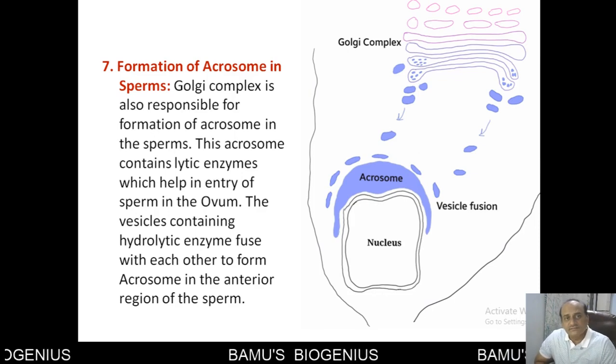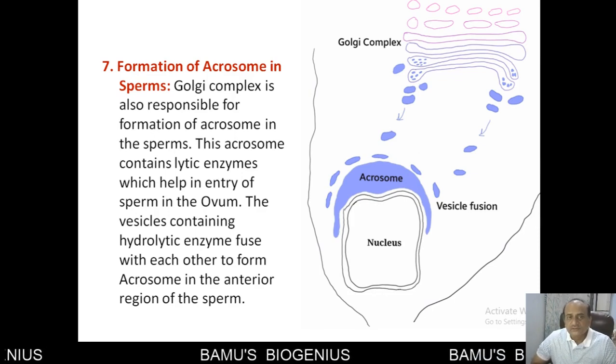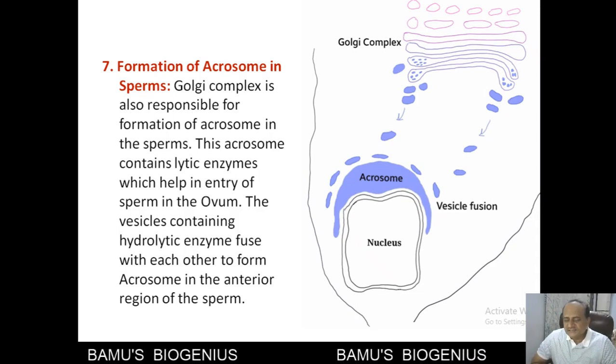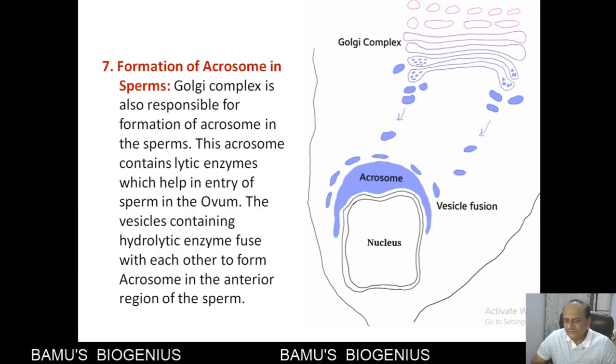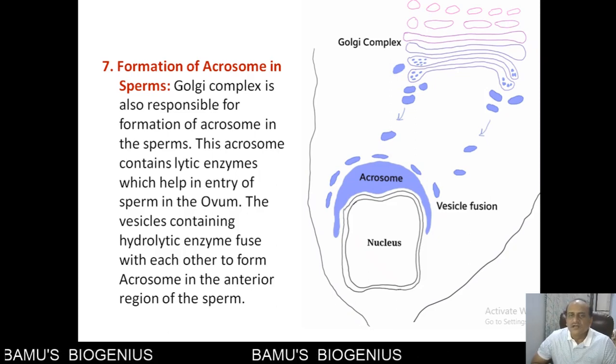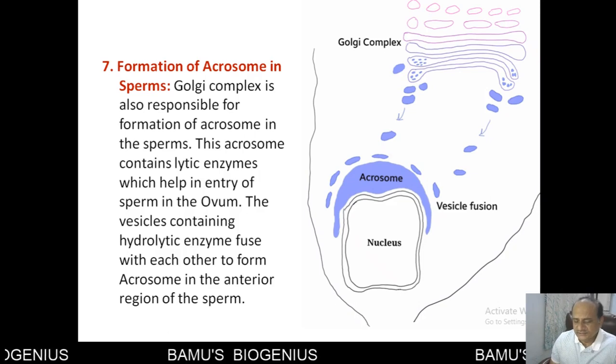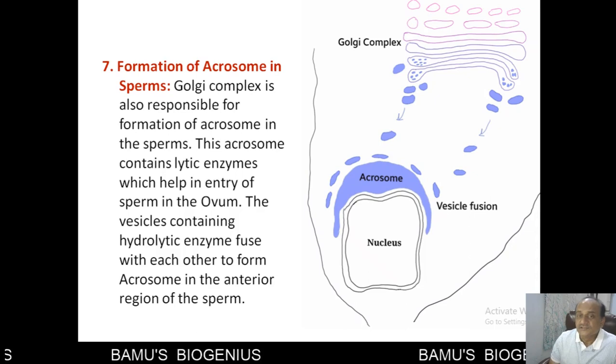Then the last one is the formation of acrosome in the sperm. The Golgi complex is also responsible for formation of the acrosome in the sperm. Whatever lytic enzymes are synthesized in the endoplasmic reticulum are modified in the Golgi complex, and then the vesicles that come out of the Golgi complex coalesce with each other to form a larger vesicle called the acrosome.